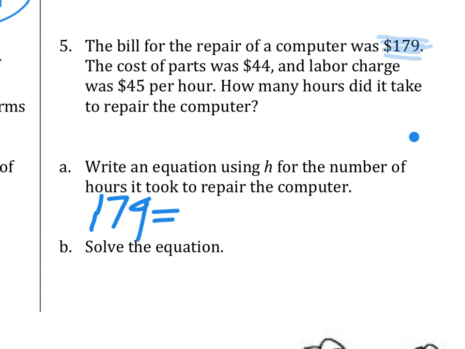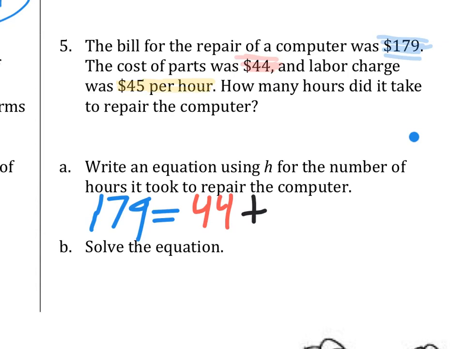The cost of the parts was $44. Well, the cost of the parts, I only pay for those parts one time. So I'm going to write my 44 here because I don't need a variable to show any more parts. I've got my total. I'm done with that. Then it says, and labor charge was $45, per hour.